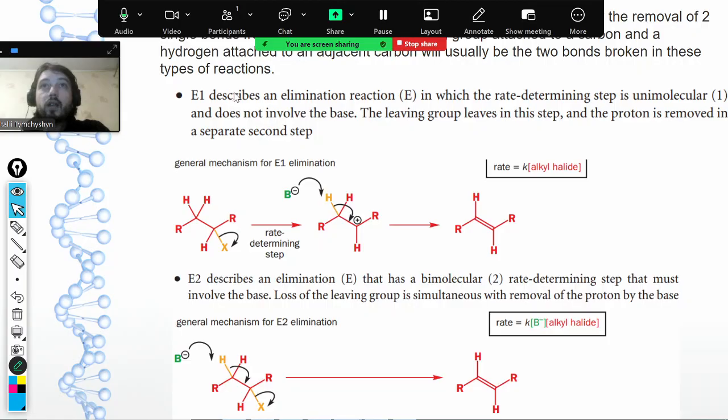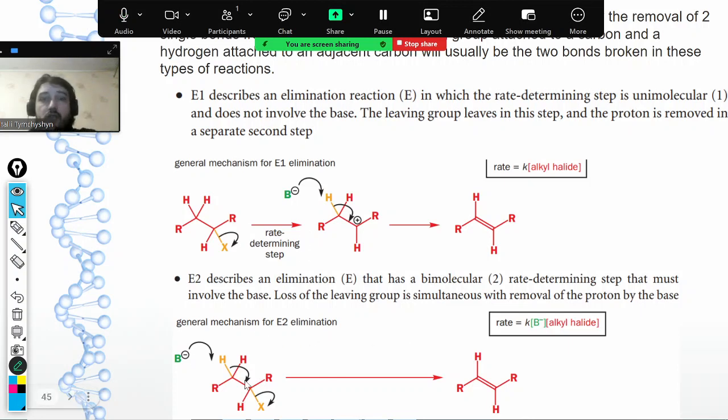So here's once again E1, that's the elimination reaction. Here we have the rate determining step, the leaving of the leaving group. Here we have the carbocation, and here the base is abstracting a proton, creating the double bond. So the rate is basically proportional to the concentration of the alkyl halide, because this is the rate determining step.